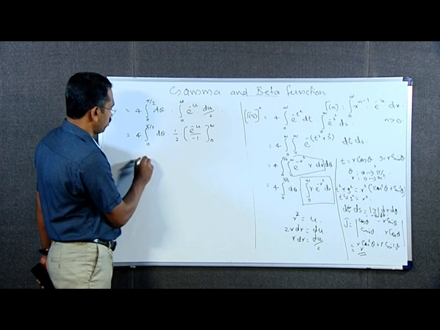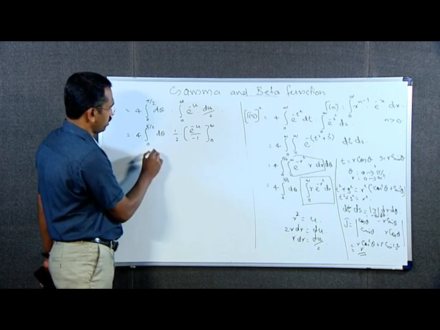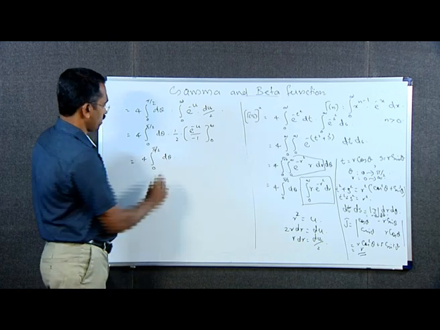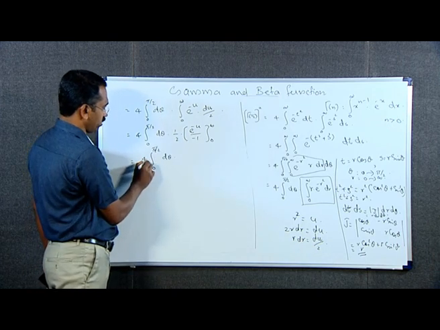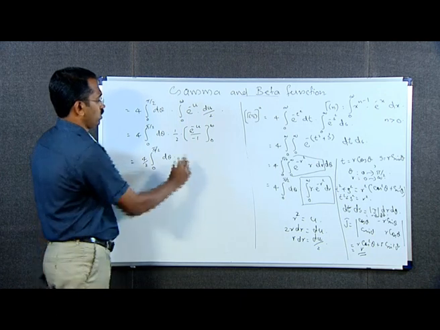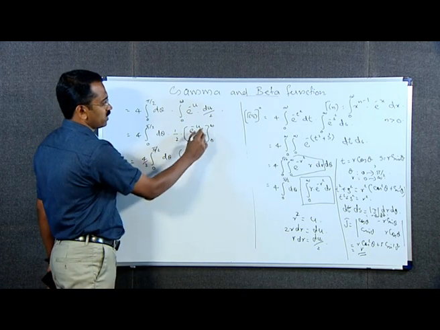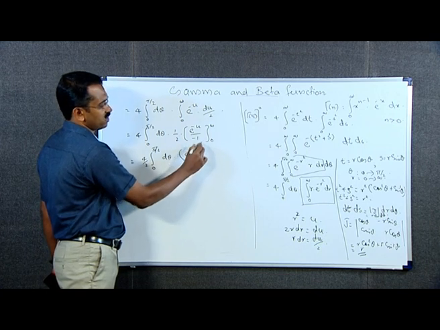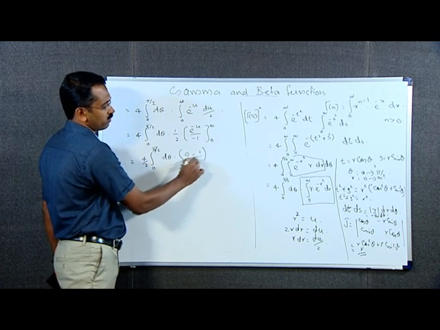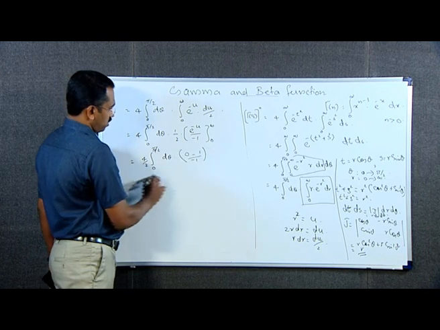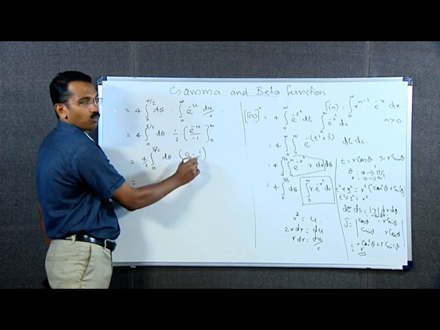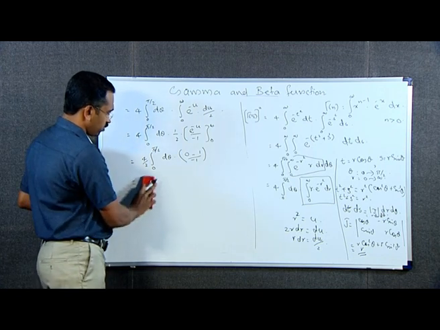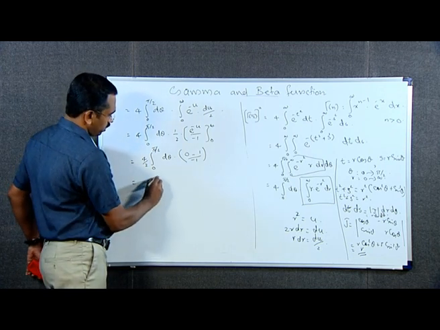Therefore, this is 4 by 2, and e raised to minus infinity tends to 0 minus e raised to 0 is 1, divided by minus 1, which is equal to 1. 4 by 2 means 2 into integral.